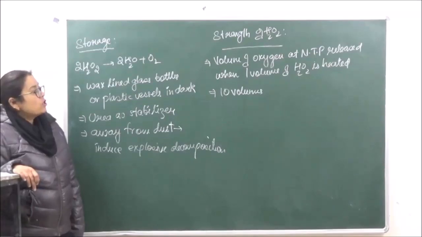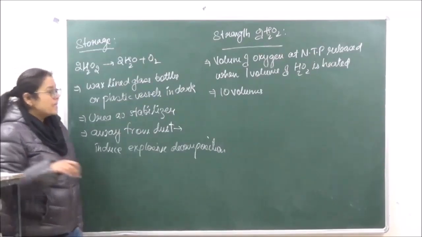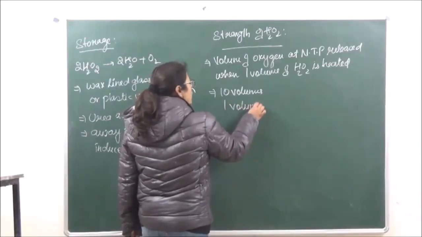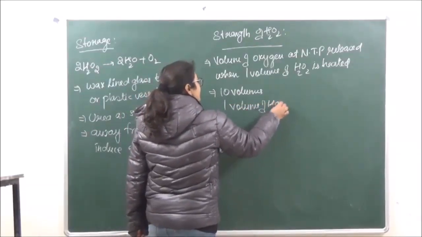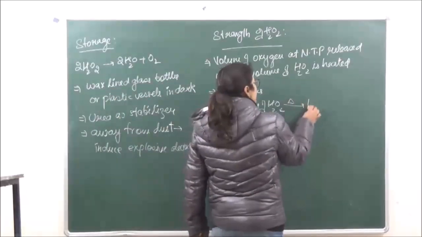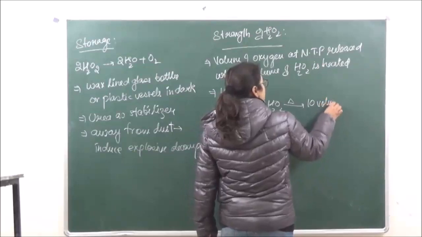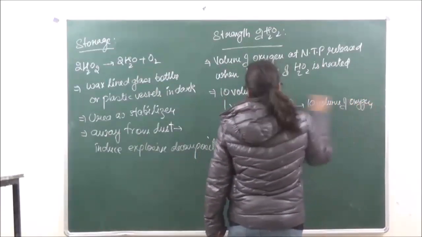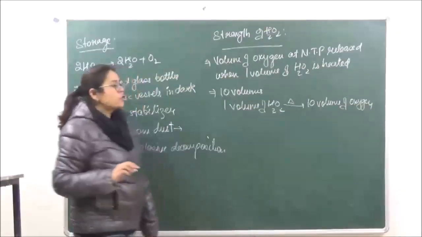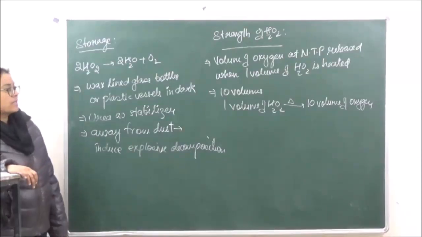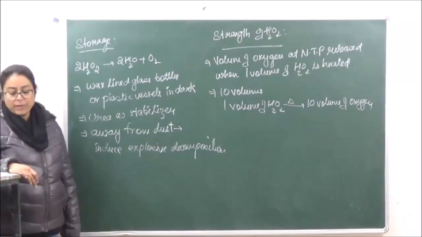It means 10 volumes of strength of H2O2 means that if we are heating 1 volume of H2O2, it is giving us 10 volumes of oxygen. So that is the strength, 10 volumes of H2O2, that means this: 1 volume of hydrogen peroxide on heating is liberating 10 volumes of oxygen.